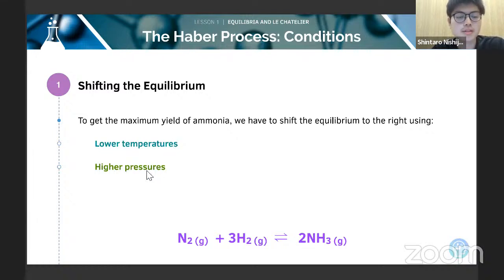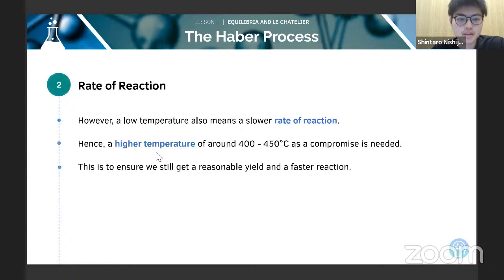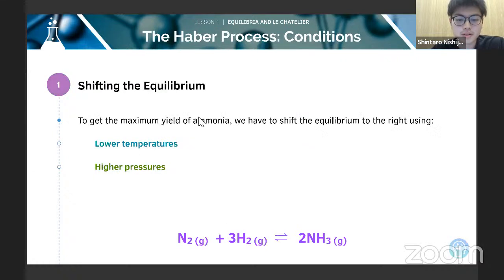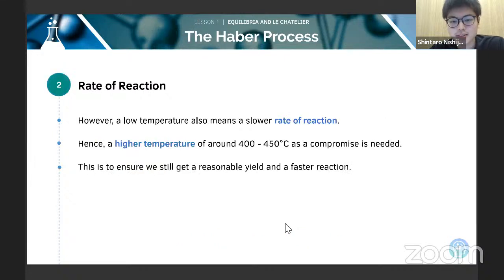But there are some issues with this, right? So first of all, low temperature will shift the equilibrium to the right, but there's a problem with that because at lower temperatures, as you might already know, you get a lower rate of reaction. So even if we had a higher percentage yield, we're just going to have a slower rate of reaction. So that might not be practical.